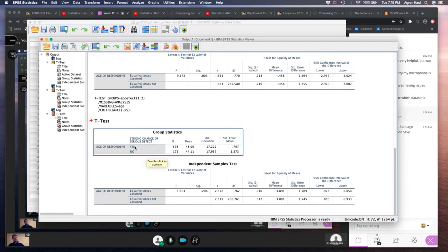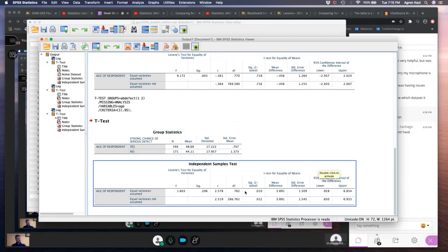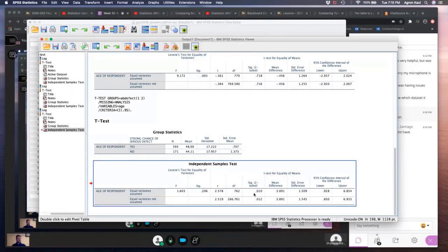People who actually are in favor of abortion when there is a strong chance of serious defect are older than younger people. And this difference here of almost 4 years seems to be significant. So we look at the first one, 0.01. So yeah, it is significant.